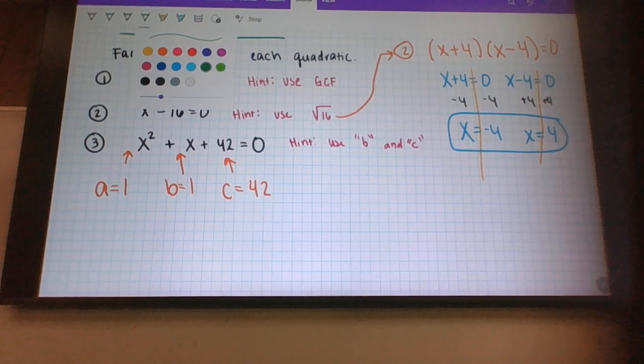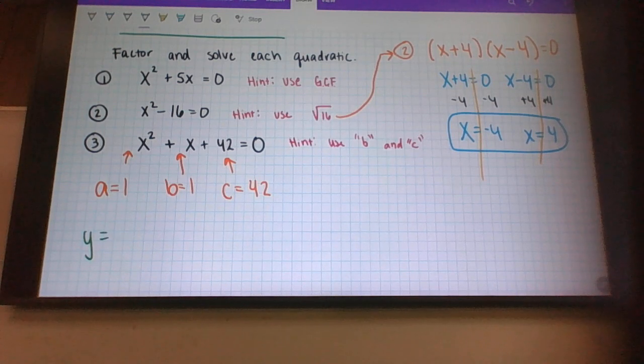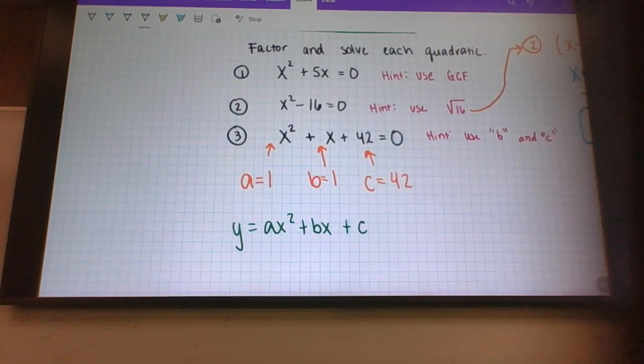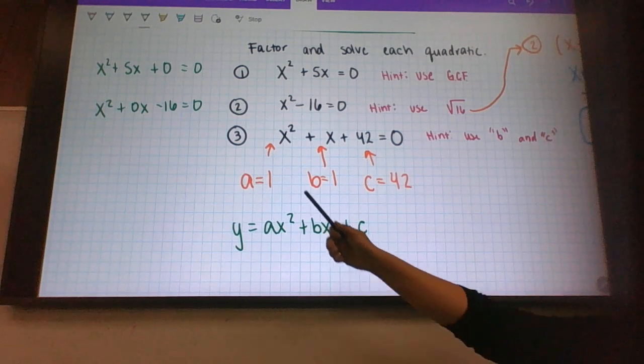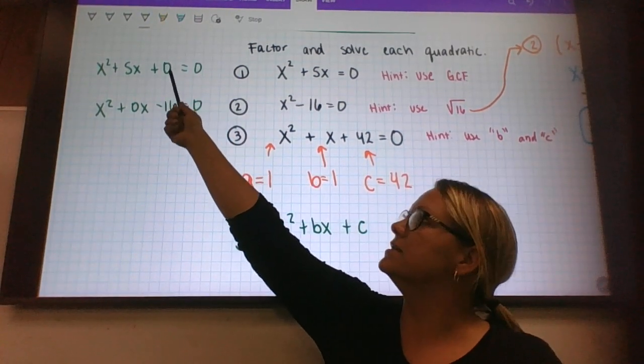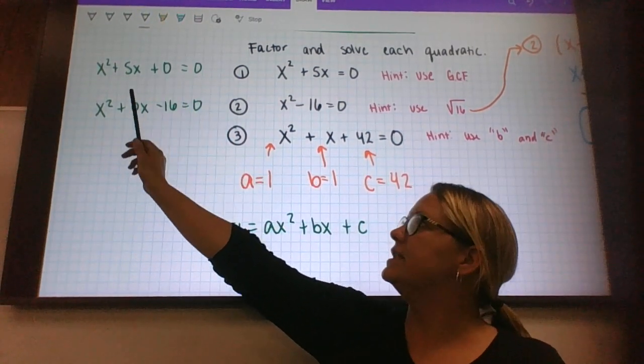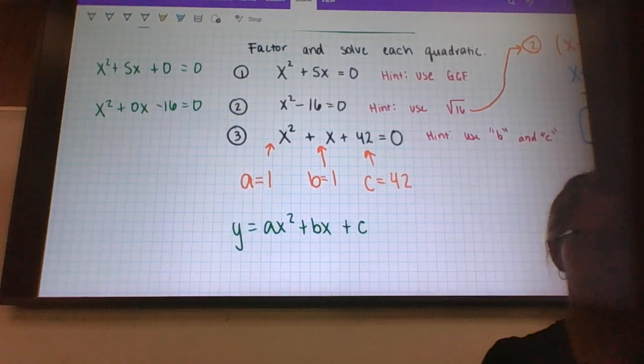And I know that from what we wrote yesterday in the orange bubbles, we wrote standard form is AX squared plus BX plus C. These in standard form are kind of the same thing. This has a C of 0 and that has a B of 0. I don't know if you guys see that.